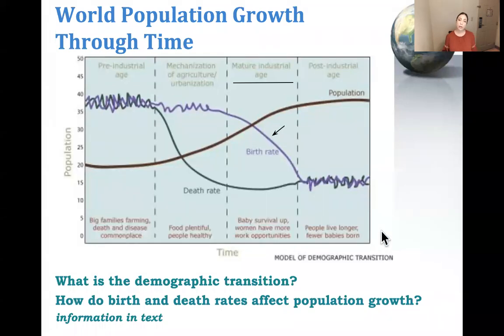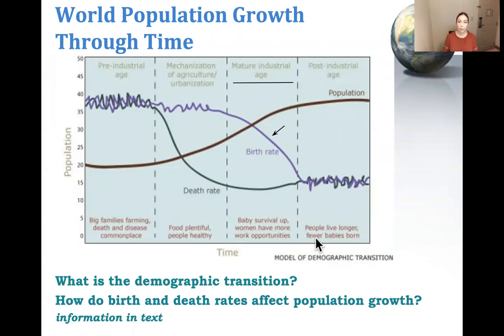People have realized not as many babies are dying, so maybe we don't need as large a family. Also, with the mechanization of agriculture, kids were not needed in the fields as much as before. And with people moving into the cities, it costs more money to raise a lot of kids. So birth rate is going down.